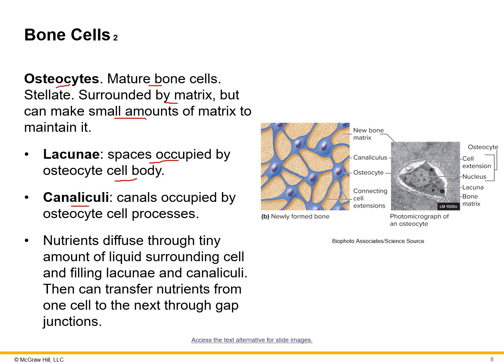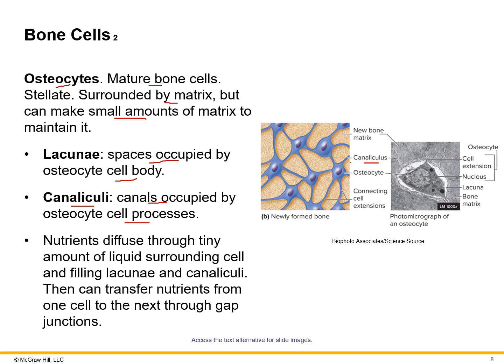And the canaliculi are the canals occupied by the cell processes. The branching parts look almost like a neuron, like the dendrites and axons, and the lacunae are where the cell body is.